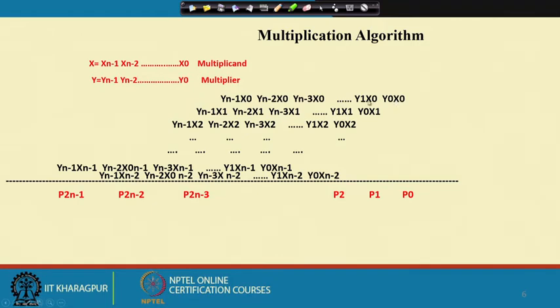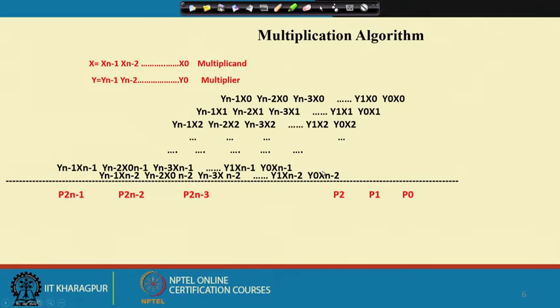Sorry, here it is just the opposite: x0 is the multiplicand and y0 is the multiplier. So, x0 will be multiplied with all the bits of y. Okay. So, x0 is multiplied with y0, then x0 is multiplied with y1, up to yn minus 1, and that is reported in the first row.